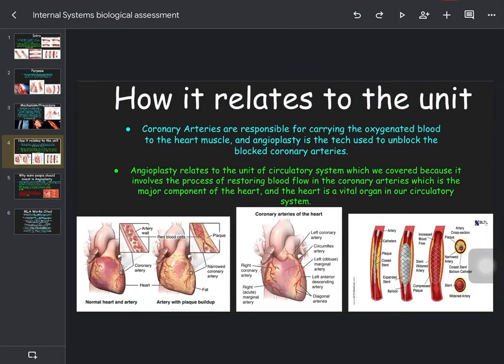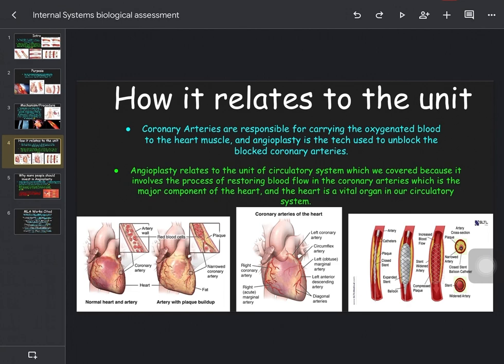So now if you were to talk about the second last slide in the presentation, and probably one of the most important slides, because in this slide I'm going to tell why I think angioplasty as a tech relates to our unit for internal systems. To start off, coronary arteries are responsible for carrying the oxygenated blood to the heart muscle itself, and angioplasty is basically the tech which is used to unblock those coronary arteries.